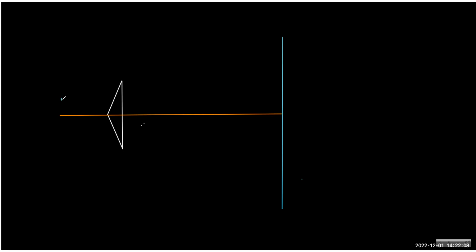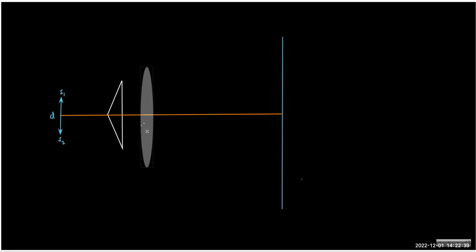Let's say you can just do it like this. Imagine this is your S1, S2. In the method, what we do is we take a convex lens and we keep moving it till we get the first sharp image on the screen for the S1, S2. So we move like this.